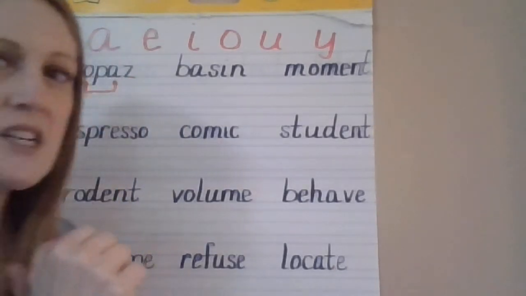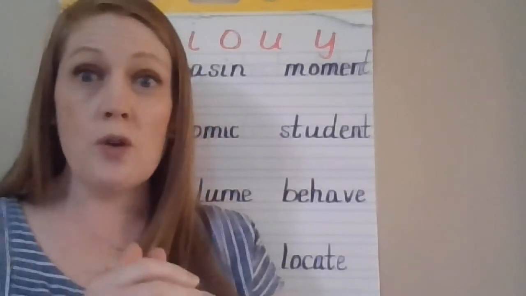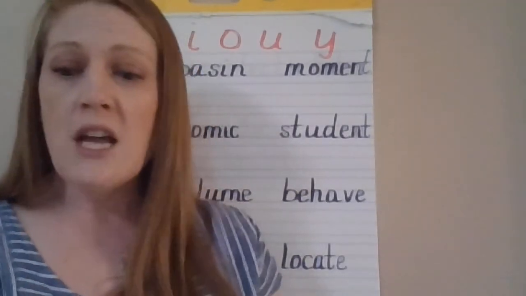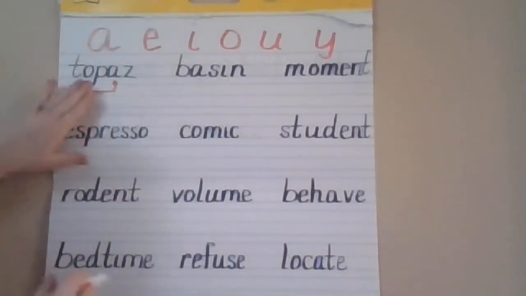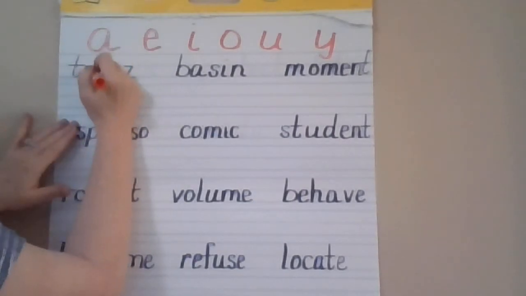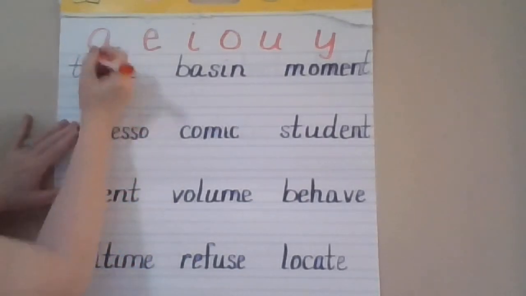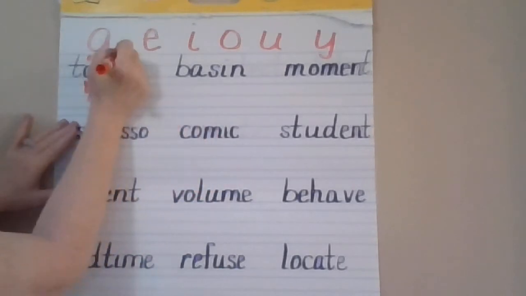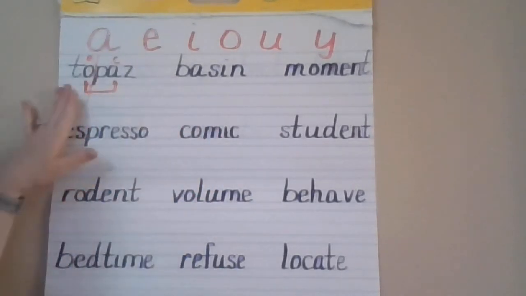Now, I know that topaz is a stone or a jewel that you would find in jewelry, so that tells me that I'm going to divide this word before the consonant, making this an open syllable and a closed syllable. So I have topaz.